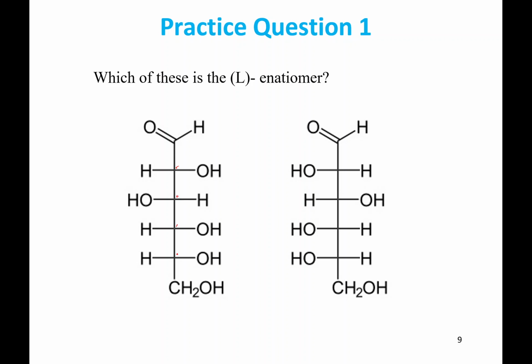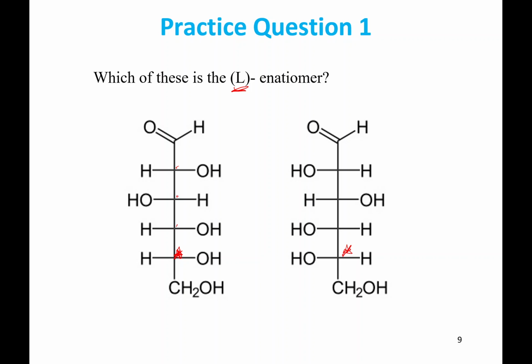But really, when we're using that term D or L for these sugars, we're talking about the hydroxyl group, or I should say the stereocarbon that is furthest from the carbonyl. So when we're looking at this, that's going to be this carbon. Okay, so those two carbons are where we need to look.